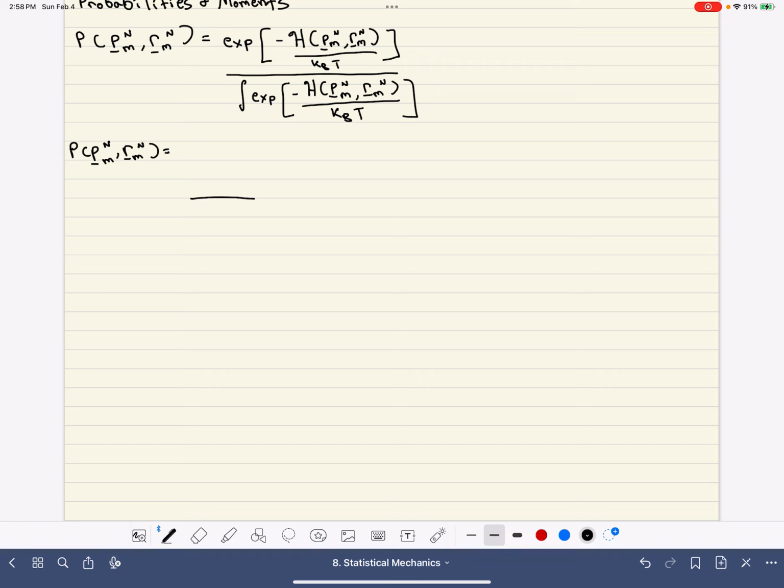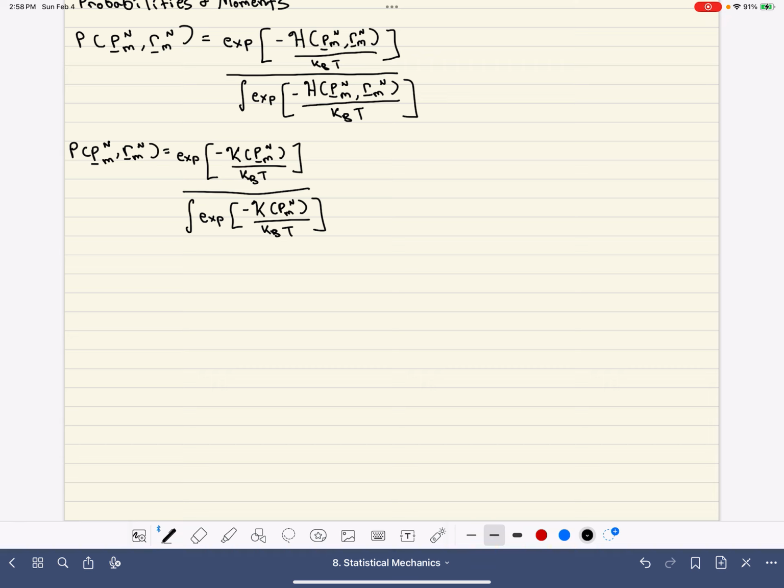Equal to the exponential of negative kappa here, because this just accounts for momentum, divided by the integral of the exponential of negative kappa pm over kBT.